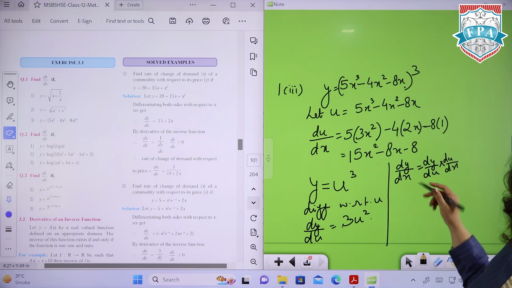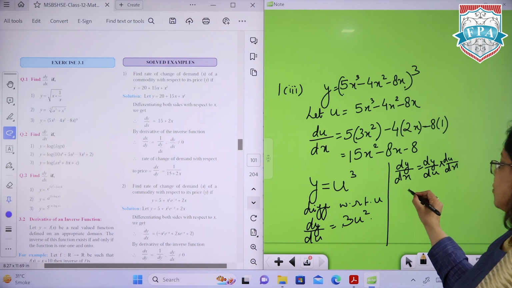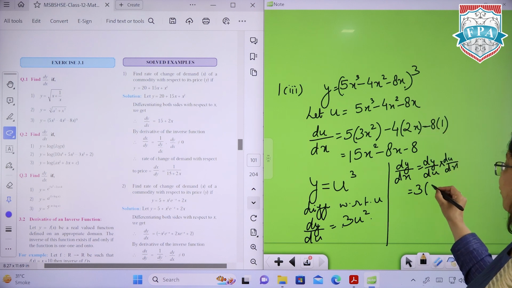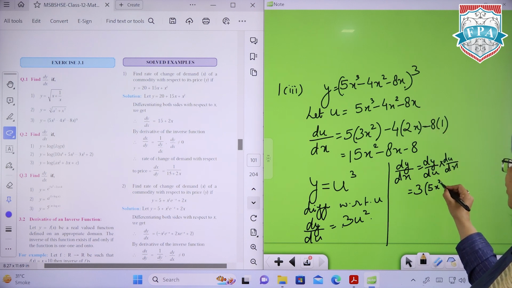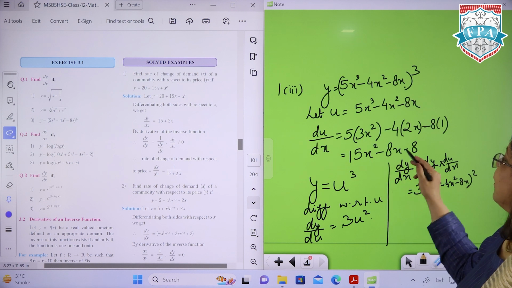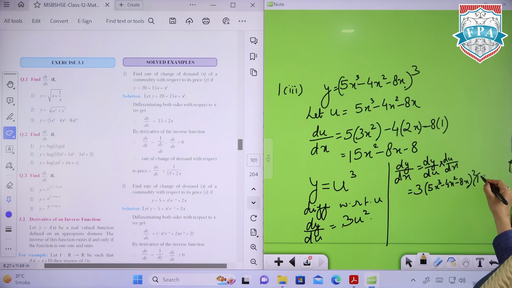You can very well see du will get cancelled, so that we finally get dy by dx, and your answer will become 3 times (5x cube minus 4x square minus 8x) to the power 2, multiplied by the next term, which is 15x square minus 8x minus 8.